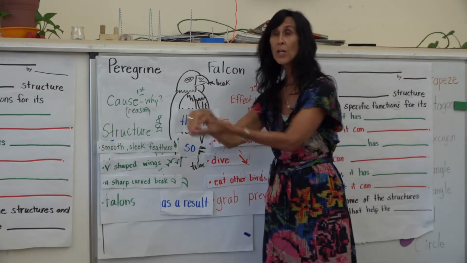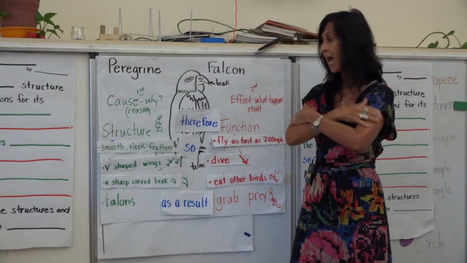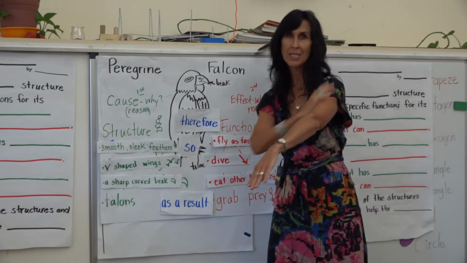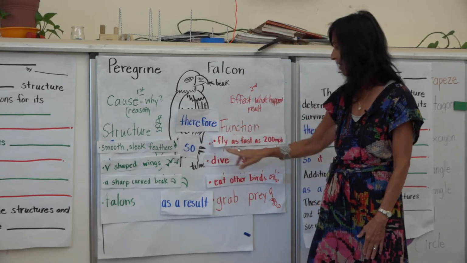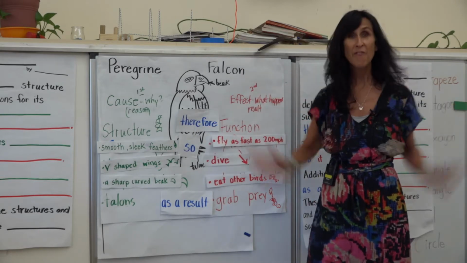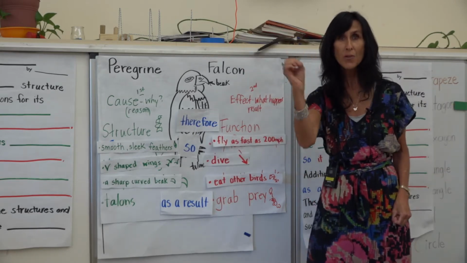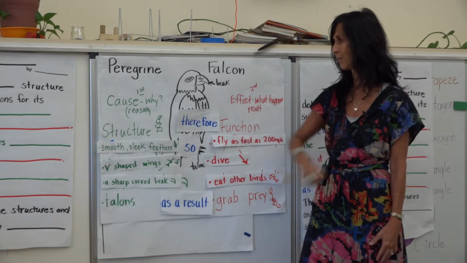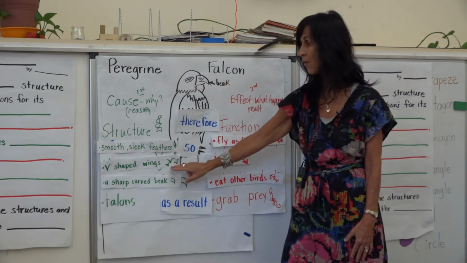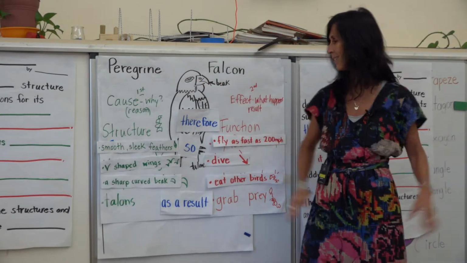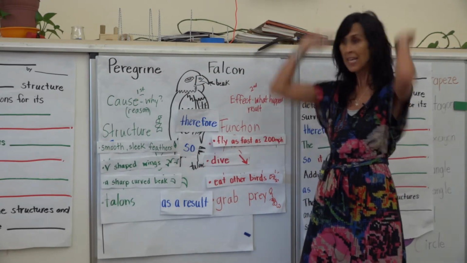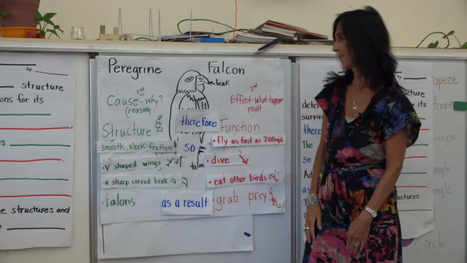The peregrine falcon has smooth, sleek feathers. Therefore, it can fly as fast as 200 miles per hour. The peregrine falcon has V-shaped wings, so it can dive.